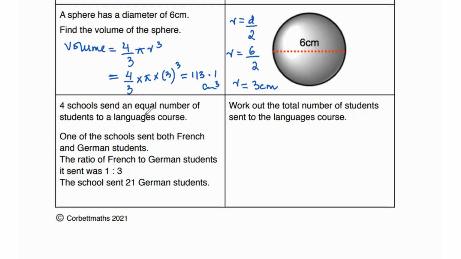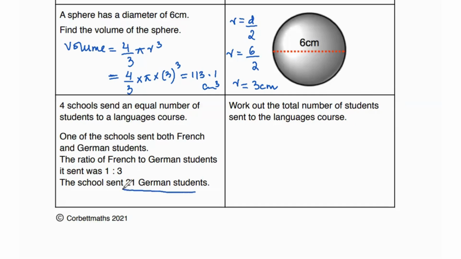Then it says 4 schools send an equal number of students to a language course. One of the schools sent both French and German students. The ratio of French to German students it sent was 1:3. The school sent 21 German students. Work out the total number of students sent to the language course. So one of the schools sent students for French to German in the ratio of 1:3.